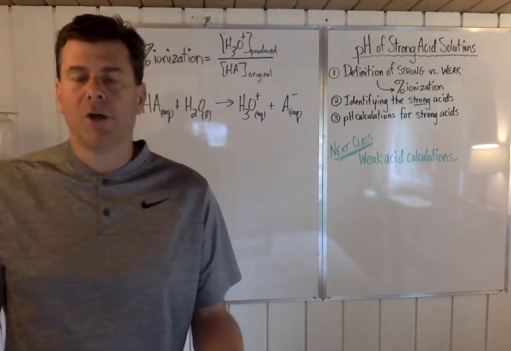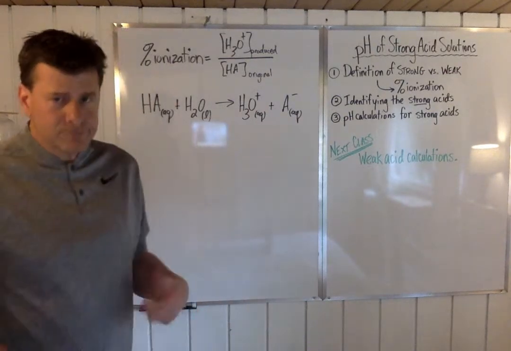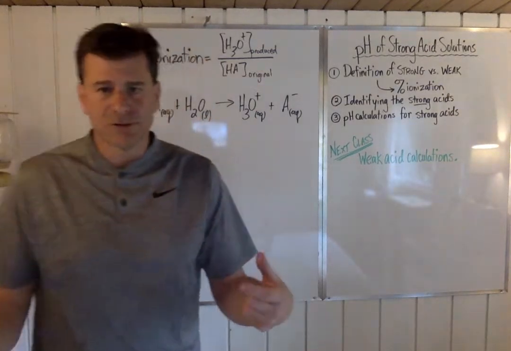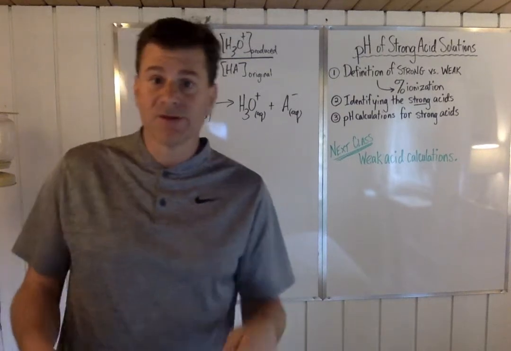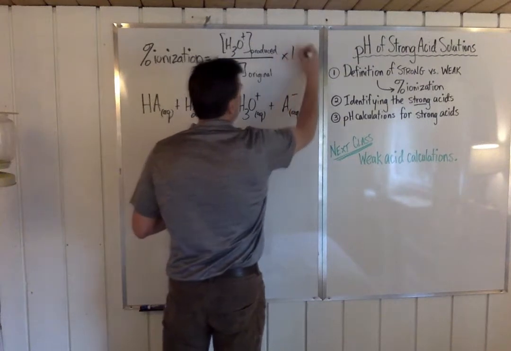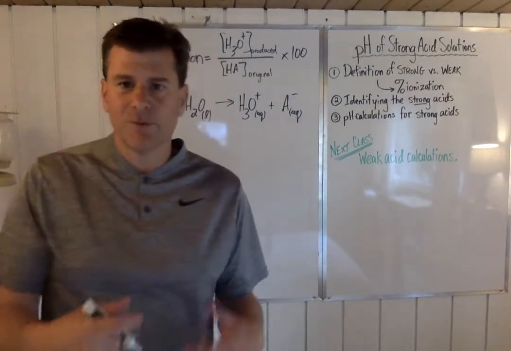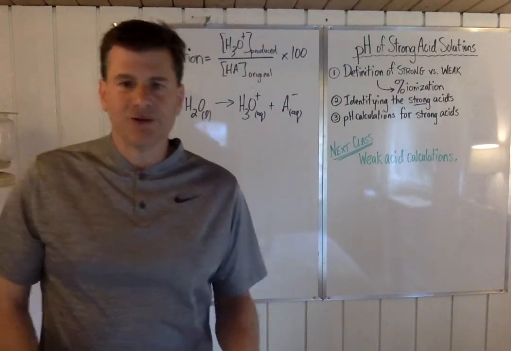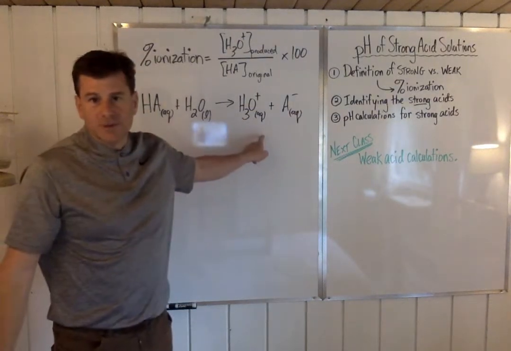It could just be number of molecules as well, moles, if you wanted to. Of course, it's a percentage. So if you do this fraction, it's going to come out to either 1 or less than 1, like a decimal, so it's somewhere between 0 and 1. To turn it into a percentage, mathematically, you're going to have to move the decimal 2 places to the right. So that's why it's times 100. So percent ionization is how many of these turned into those.